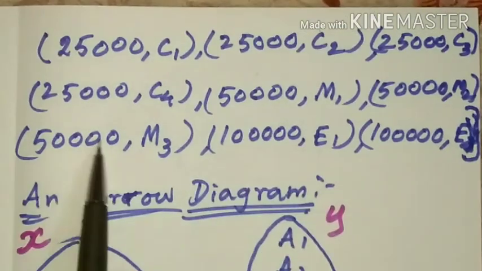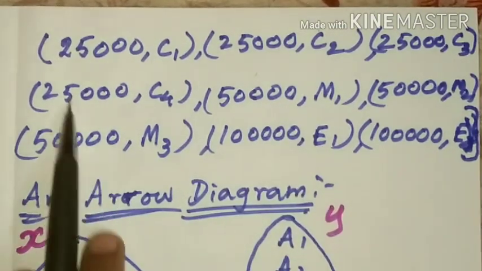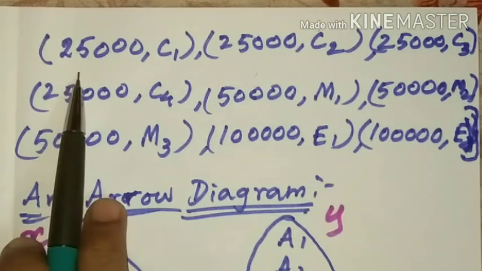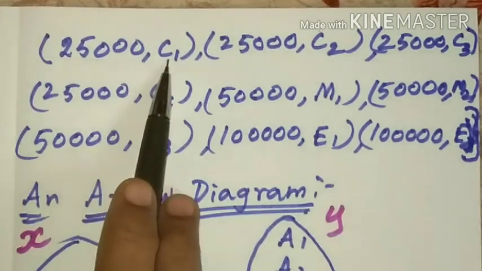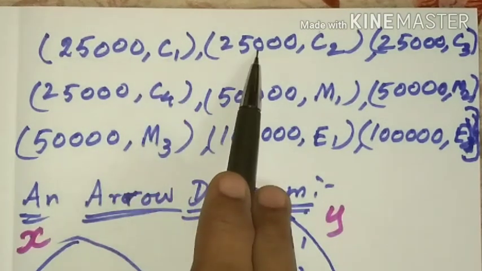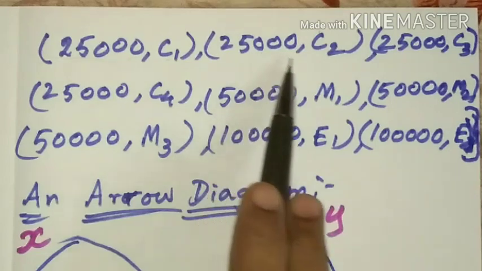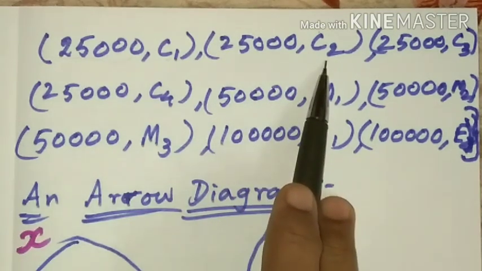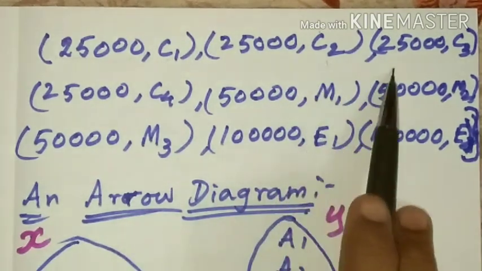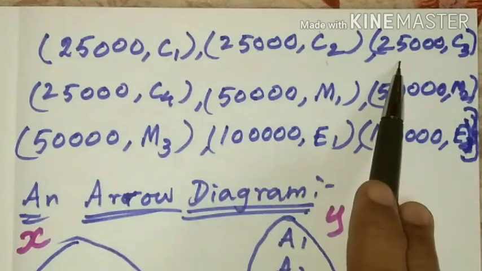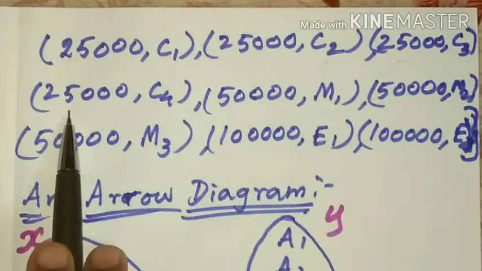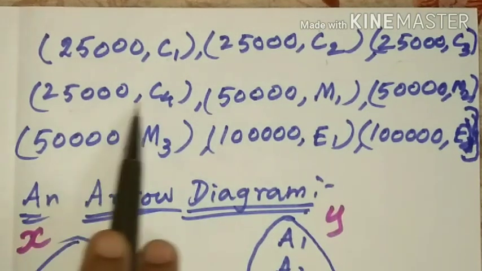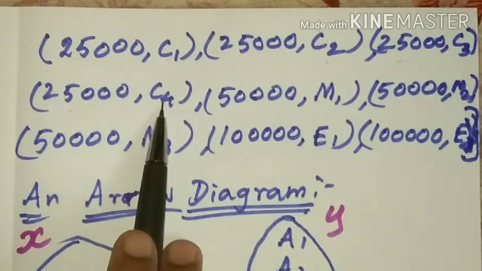Then next category clerk, their salary amount 25,000. So salary amount 25,000 comma first member of clerk C1, 25,000 comma second member of clerk C2, 25,000 and third member of clerk C3, then 25,000 and fourth member of clerk C4.